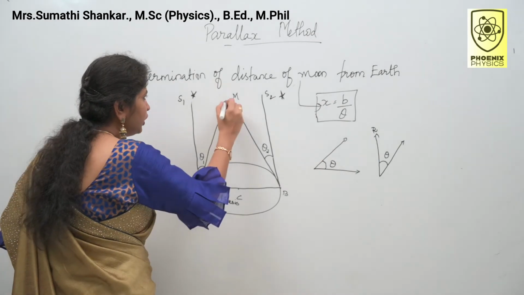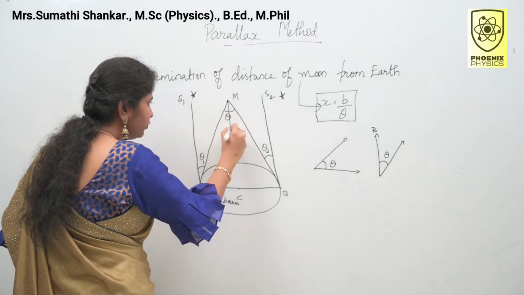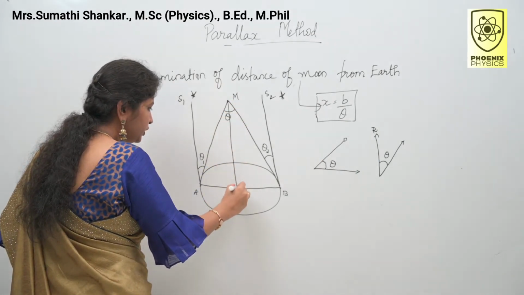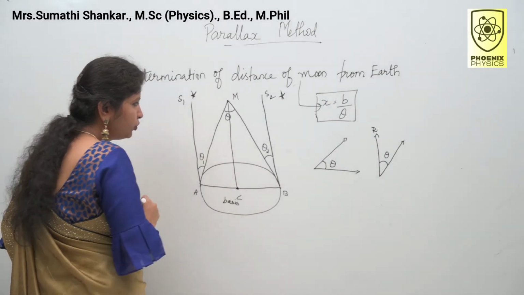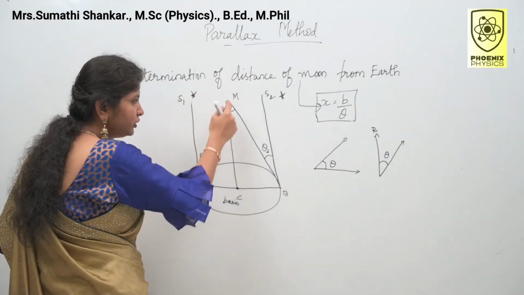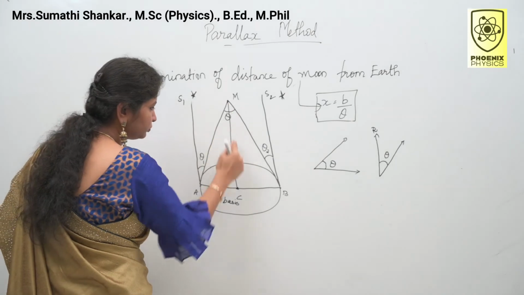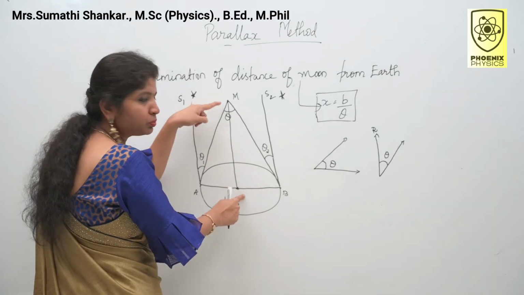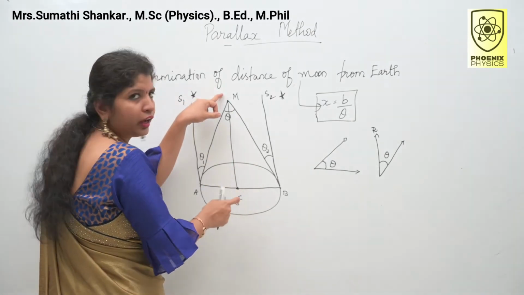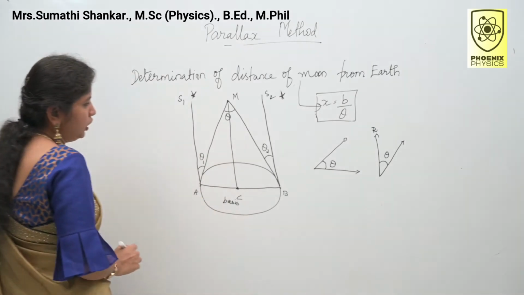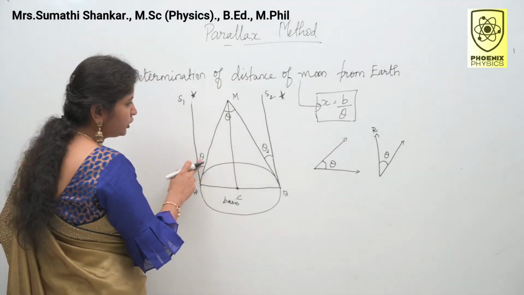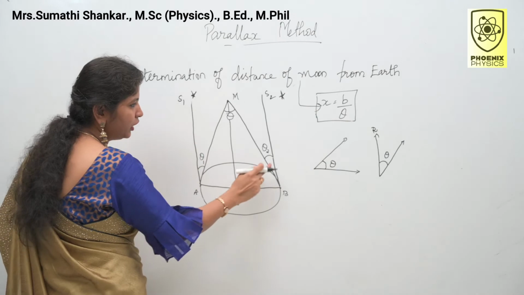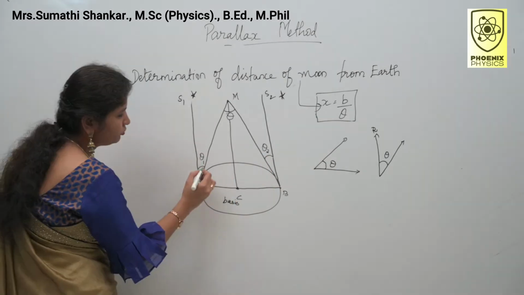Okay. Now you draw one line from M to C. So we are going to measure this distance MC, that is the distance between the center of the earth and the moon. Okay. So this angle is theta 1, this angle is theta, and here theta 2.